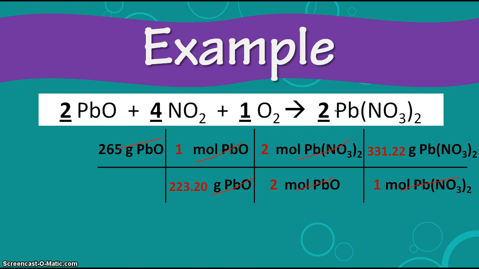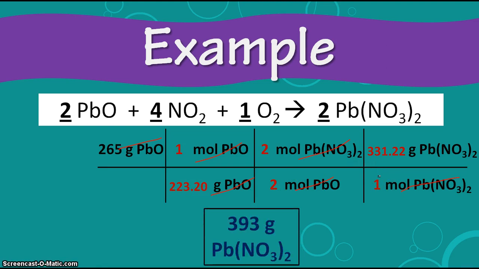Now that we have our setup complete, it's simply multiplying the top numbers and dividing by the bottom. 265 times 1 times 2 times 331.22 divided by 223.20 divided by 2 divided by 1, and you get an answer of 393 grams of lead nitrate. So you can see we just did a simple mass to mass conversion.